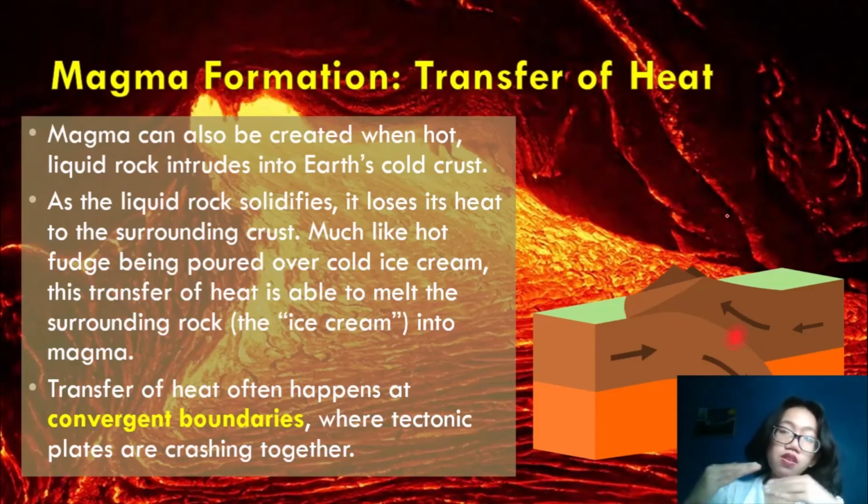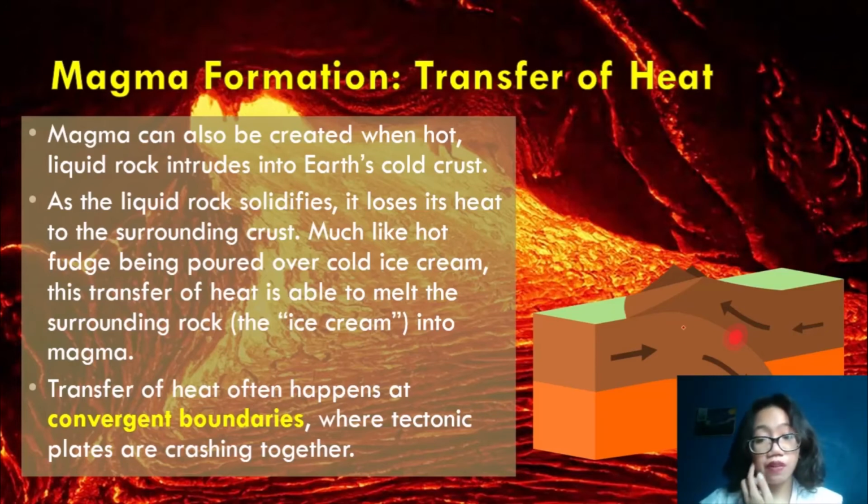Because of the movement of the plates against one another, there will be heat and pressure as a result of that crashing of plates towards one another. Because of that crashing or clashing of plates, it results in high temperature and magma forms.